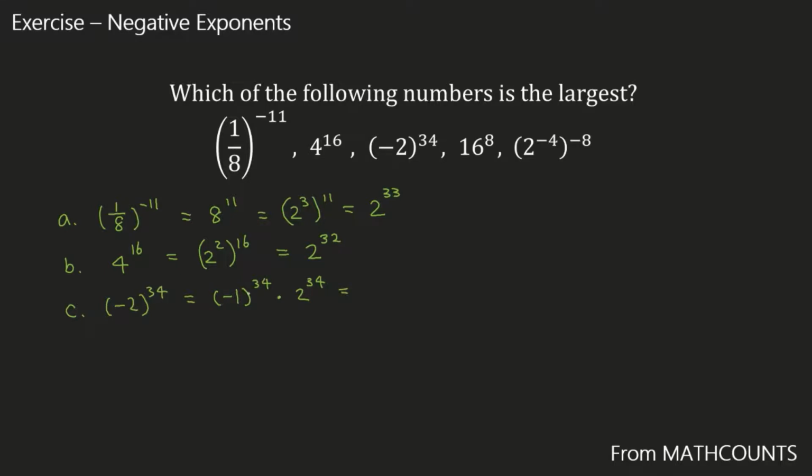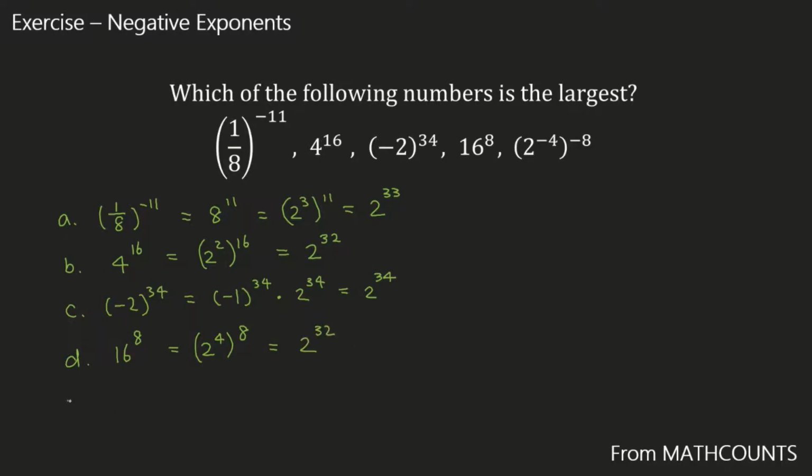Minus 1 raised to the even power is 1. So this is equivalent to 2 raised to the 34th power. Let's look at the fourth one. 16 raised to the 8th power. 16 is 2 to the 4th. The whole thing raised to the 8th power, which is 2 raised to the 32nd power.